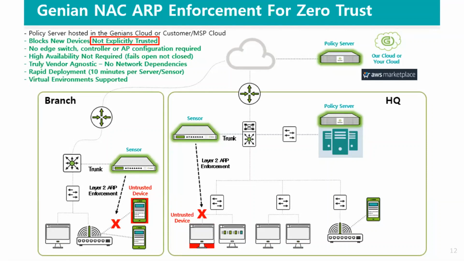Sensors don't require high availability typically because they can fail open. So there's no single point of failure. They are truly vendor agnostic, so we don't care about what infrastructure you have, and you can deploy these very rapidly. This diagram shows the zero trust mode.